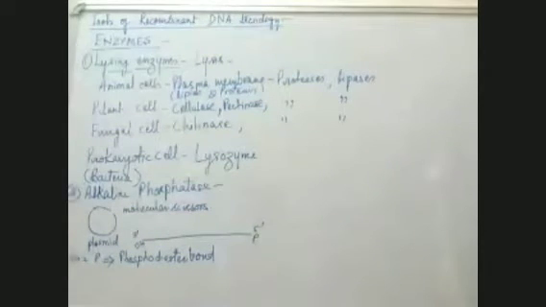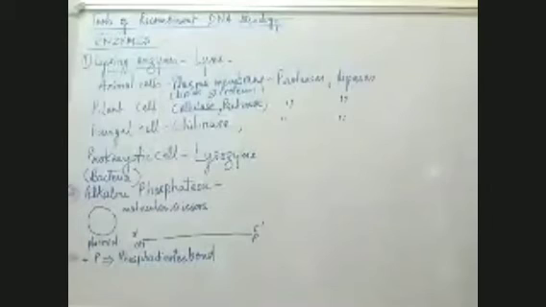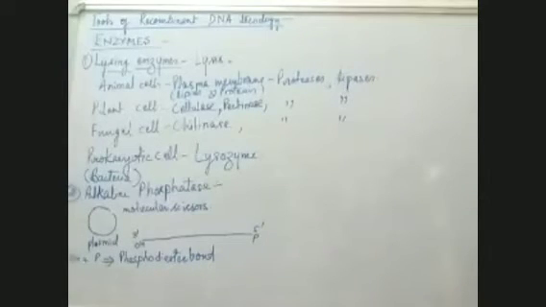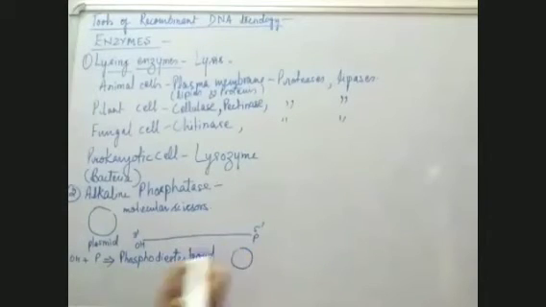Once it is cut, it comes into the linear shape, but it tends to roll again, because of the tendency of the hydroxyl group and phosphate to form a phosphodiester bond. So for a while it will be linear, and again it will roll and come into this shape, and our task will not be successful.